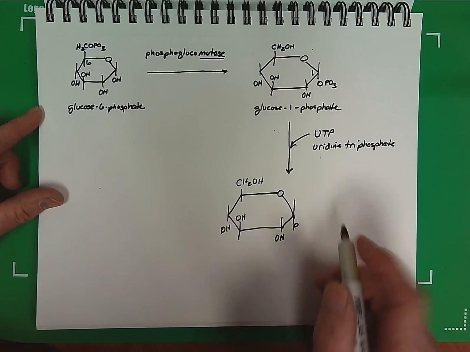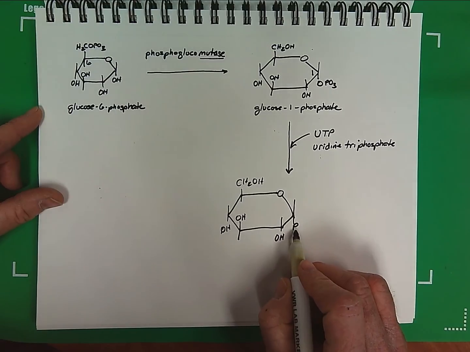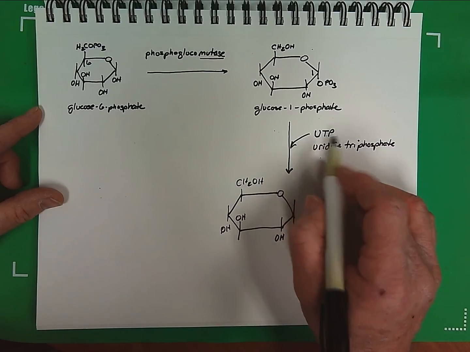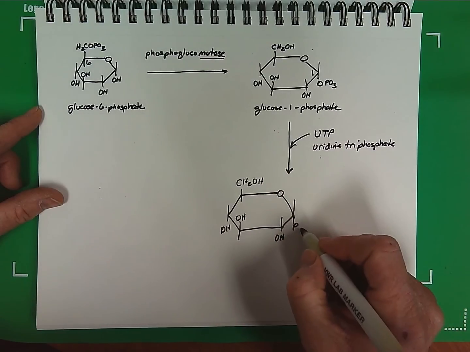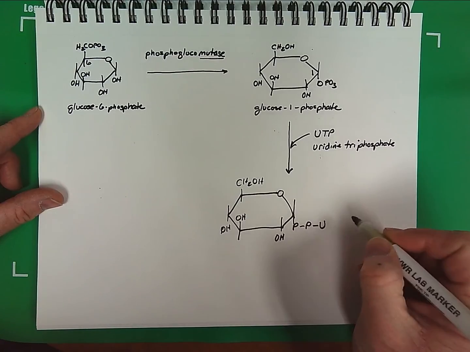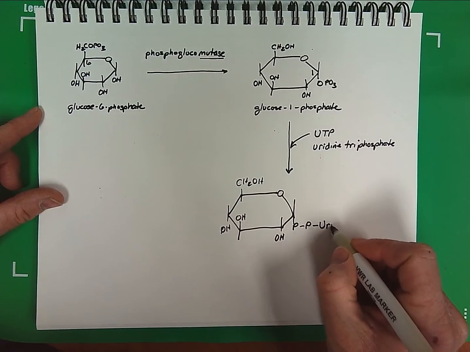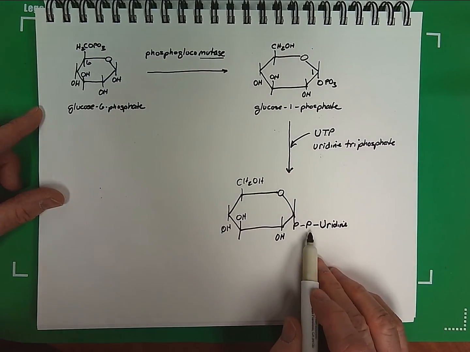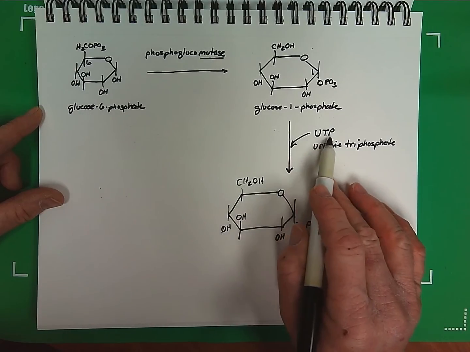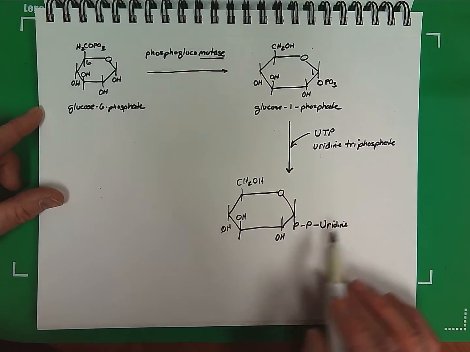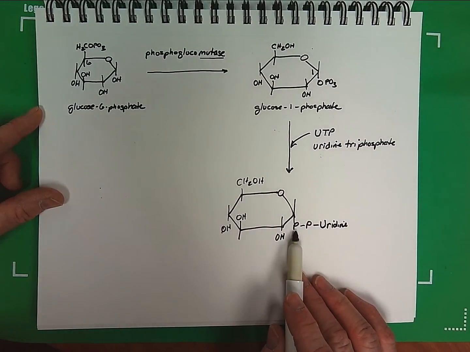1-phosphate. So recall we already have 1-phosphate here. What we are going to be doing is actually taking a portion of the UTP molecule and linking it to the phosphate. So we are actually taking UMP from UTP and attaching it to the number 1 carbon phosphate.